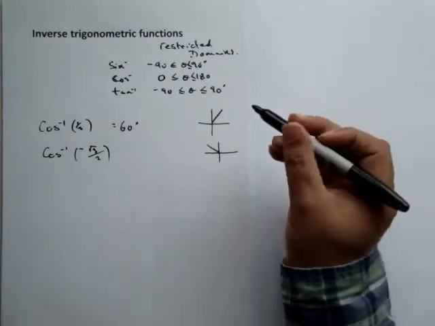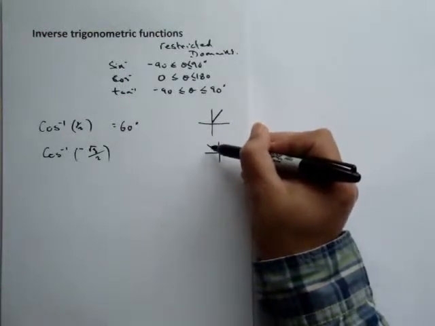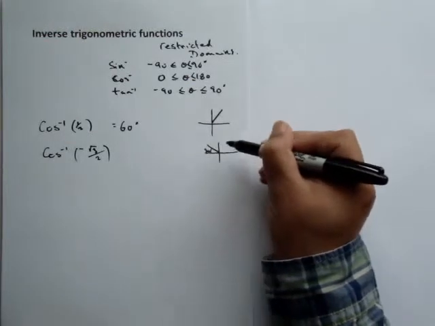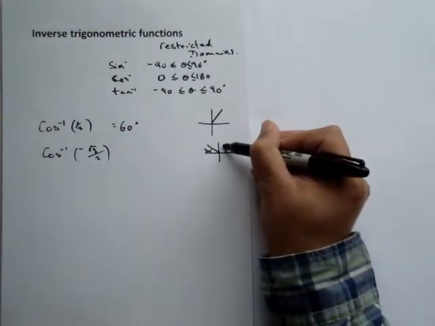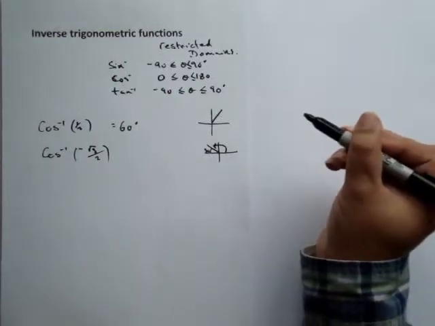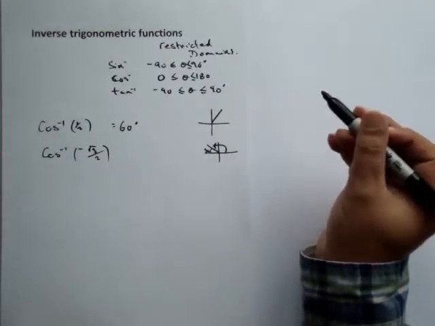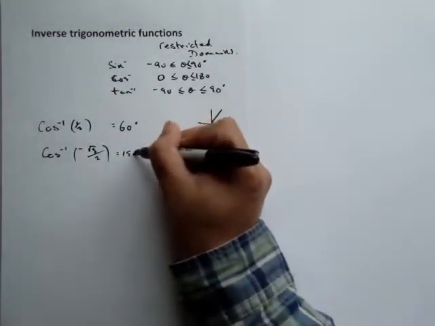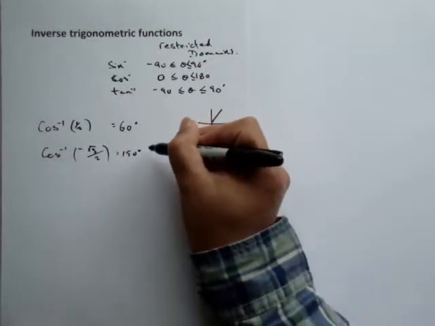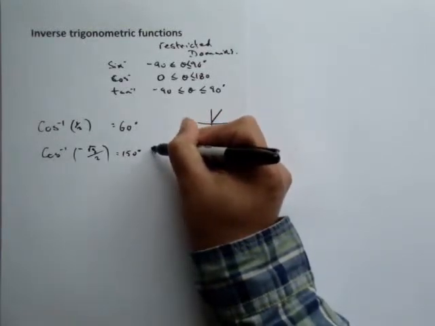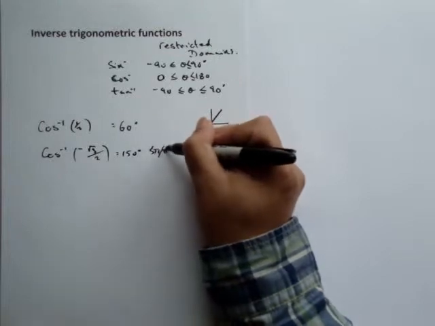And it works out as 30 degrees here, but we actually want this angle, which is 180 minus 30, which is 150 degrees, or 5 pi over 6.